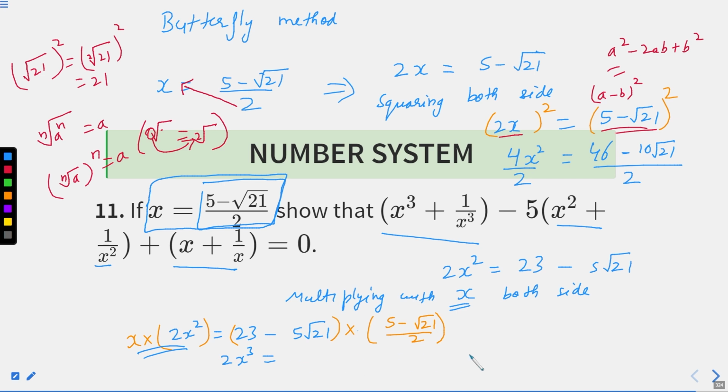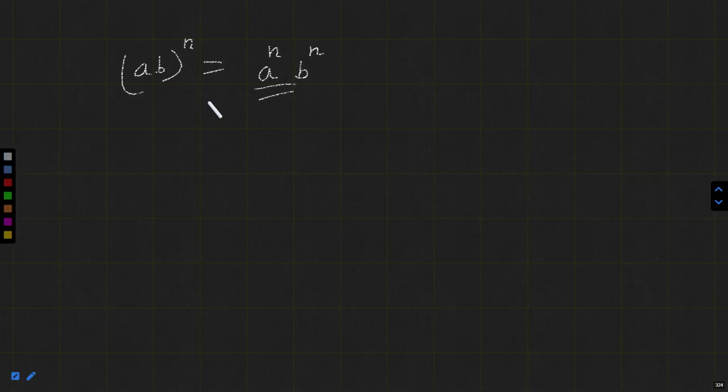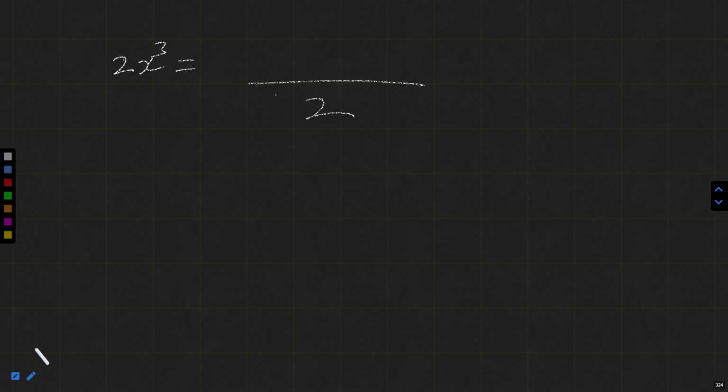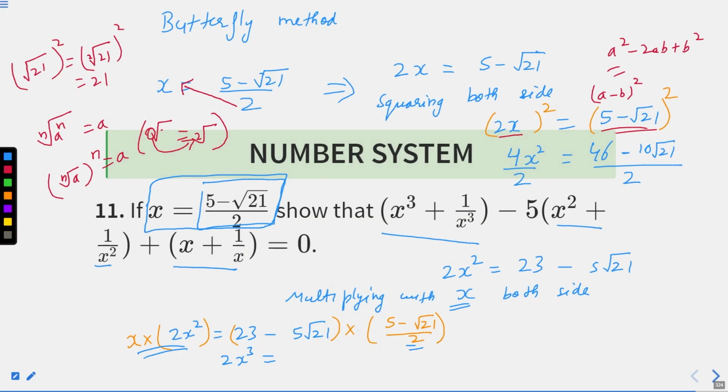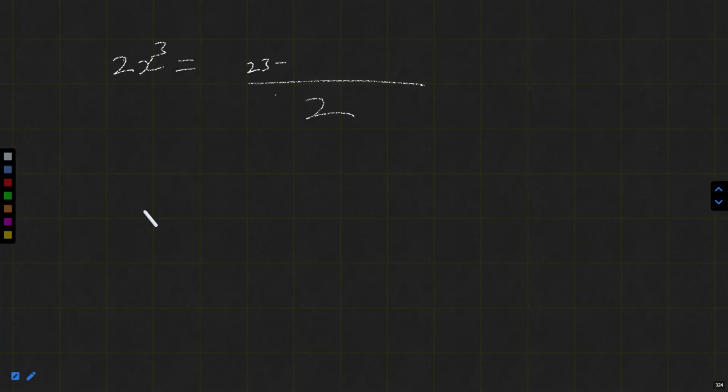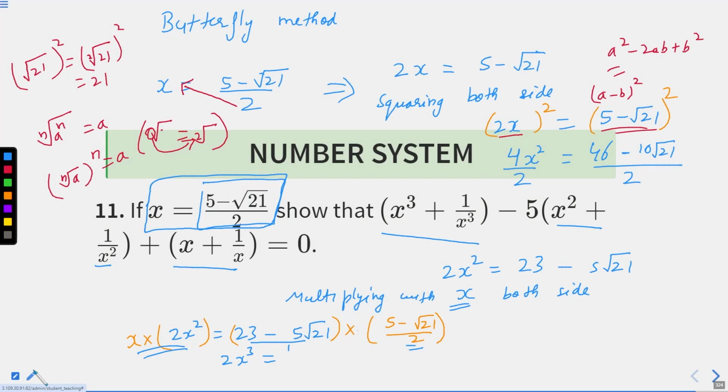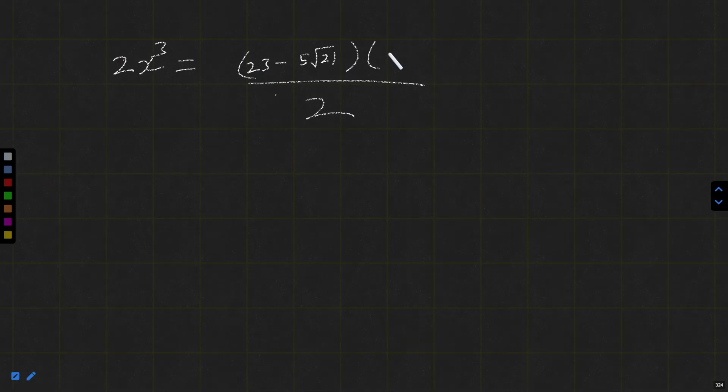Now the denominator, let me use the blackboard for this. For 2x cube, the denominator is 2, because here it is just 1, and in the numerator 23 minus 5 root 21 and 5 minus root 21.